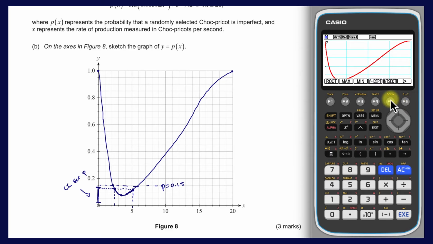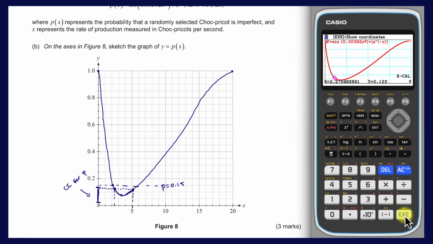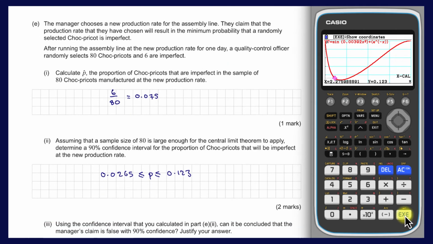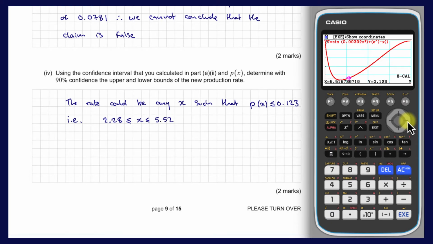And once again, we need to do an x calculation and to use the value 0.123, and we need to turn those boundaries into an interval for x. So our first point was 2.28, and the second point, found by arrowing right, 5.52. So we've turned our interval for P into an interval for x.